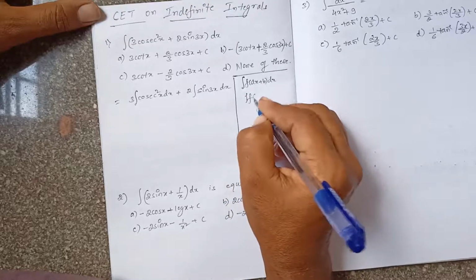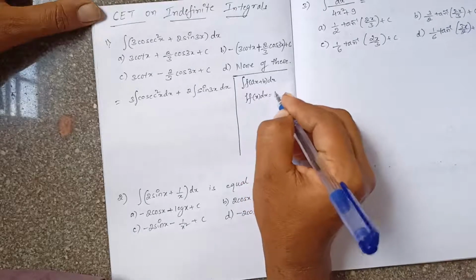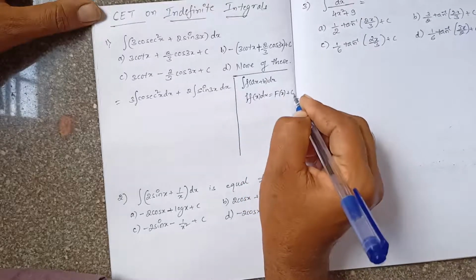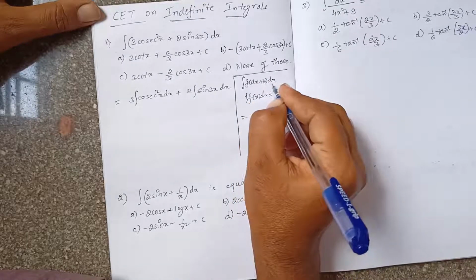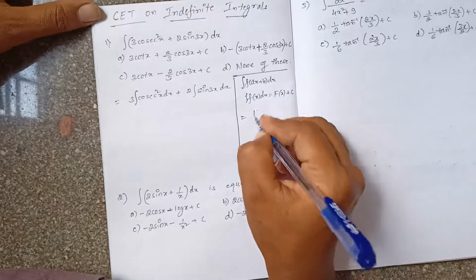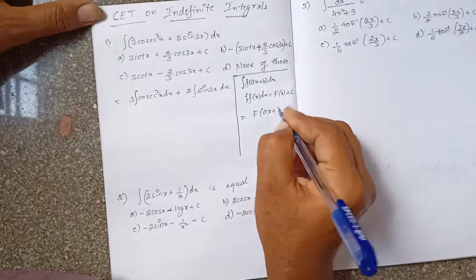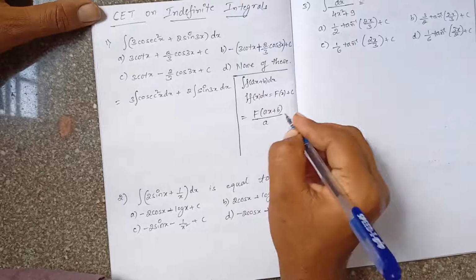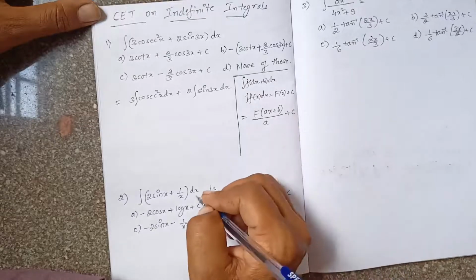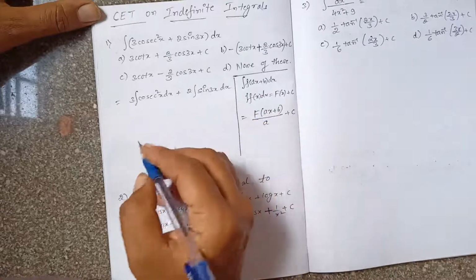Suppose integration of small f of x with respect to x is capital F of x plus c. Now integration of f of ax plus b with respect to x can be written as capital F of ax plus b divided by the coefficient of x, which is a, plus c. This is the answer.